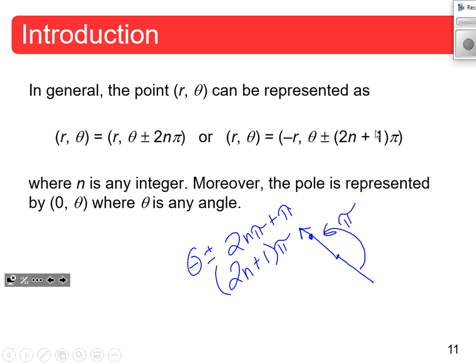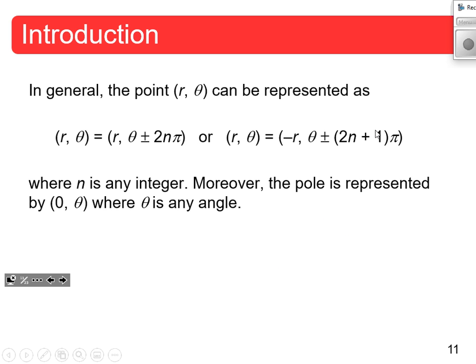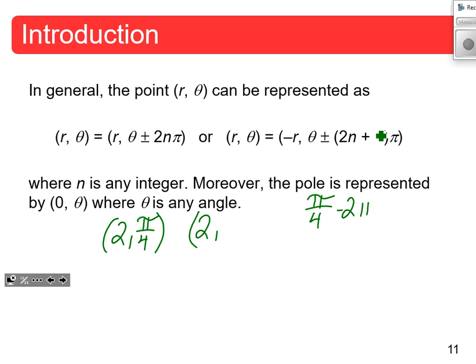So really when we look at any point, so if we said we had 2 comma pi over 4, well, we could also do pi over 4 minus 2 pi, which would be negative 7 pi over 4.